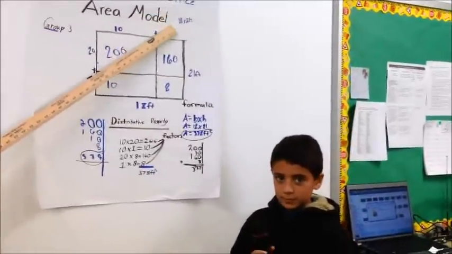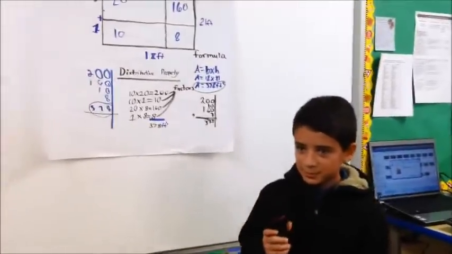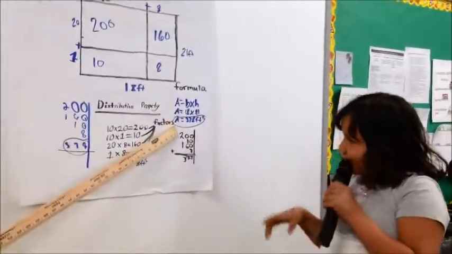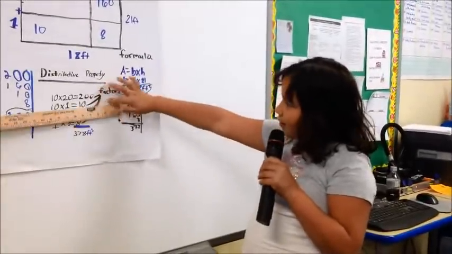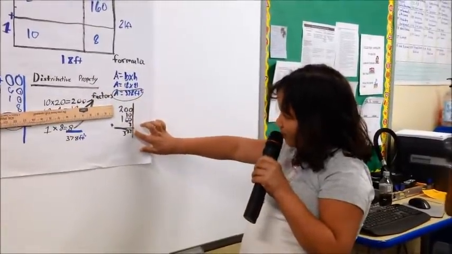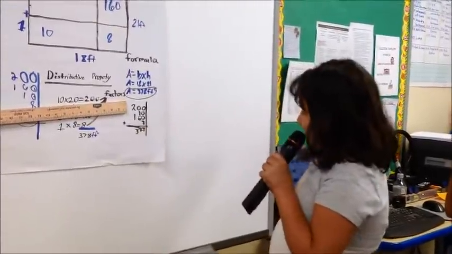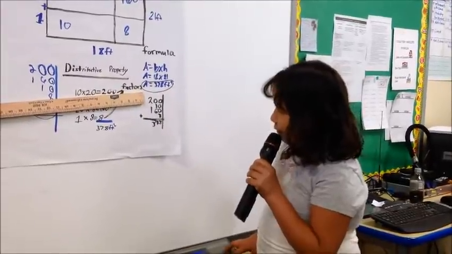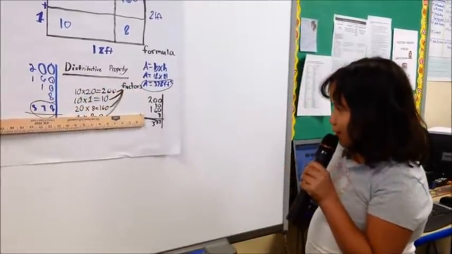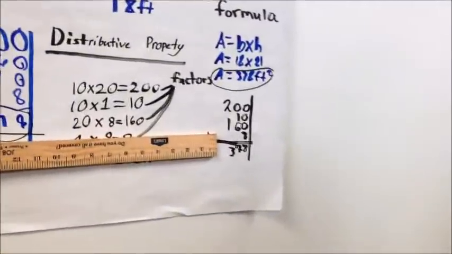Who's next? I'm going to pass it to my friend Ashley. She's going to show you how to align. I got my partial products from right here, and I align them with a line, and I add them, and my final product is 378 square feet.